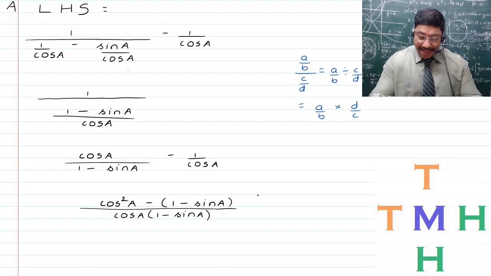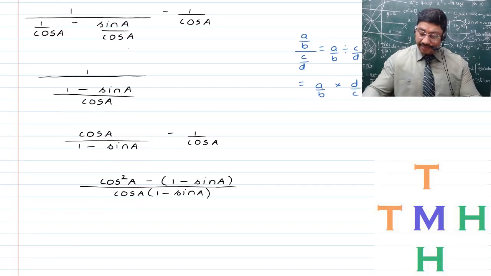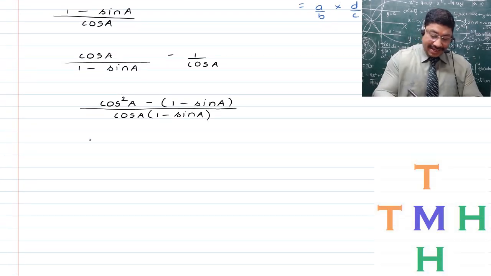Now further, children, what will happen is you will now have this minus sign getting multiplied inside, right? Or rather, you can do one thing more. You can write this cos square A as 1 minus sine square A, right?